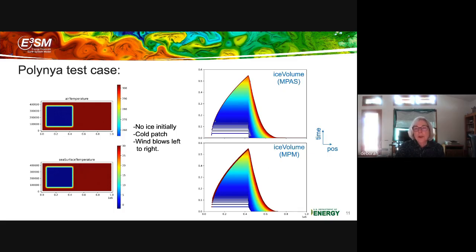And so eventually what happens is you get this steady state profile where you have ice volume building up over this cold patch, and some of it being blown off here past the edge of the cold region and melting. So this is the final profile that we see in both cases.